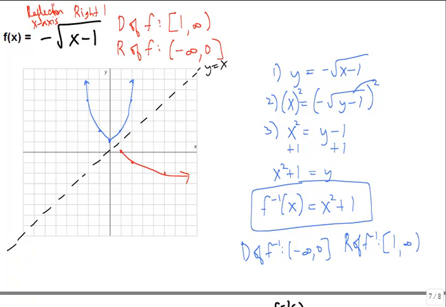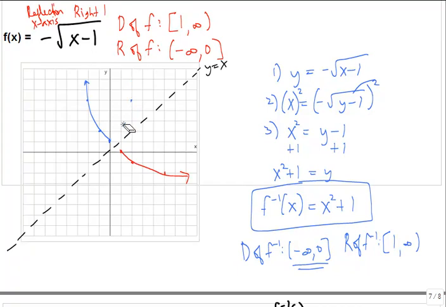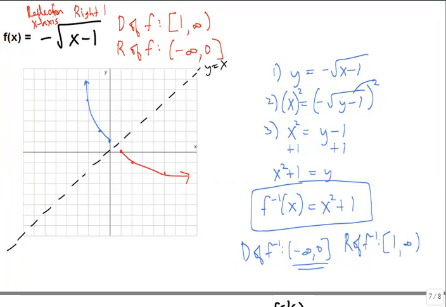So which part of this parabola has as its domain minus infinity up to 0? Domain is x's, so minus infinity to 0 are negative x's, and that means we want this left half of the parabola. So I'm going to erase this right half, and I'm going to include this domain and range restriction as part of my answer for my f inverse.